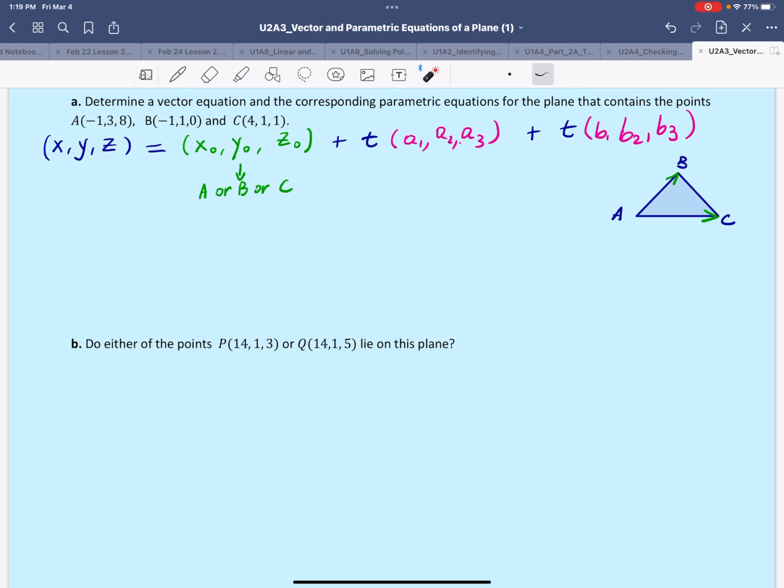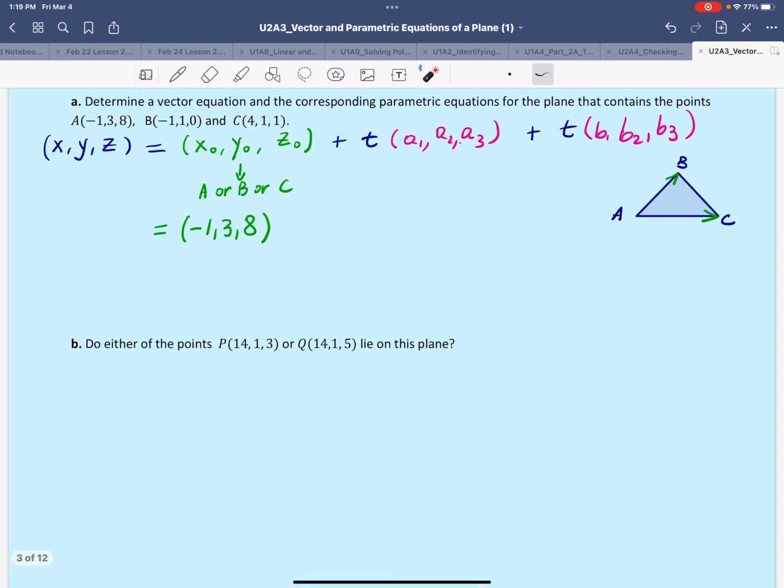For the starting point or starting vector, I'm going to choose point A, so -1, 3, and 8. That's not the only point, which brings us to the idea that there is more than one equation that can represent this same plane.